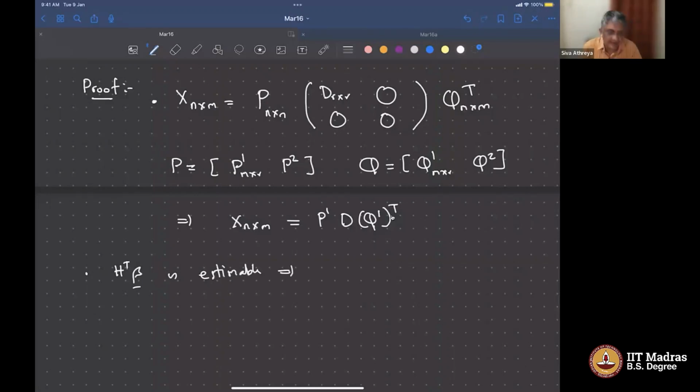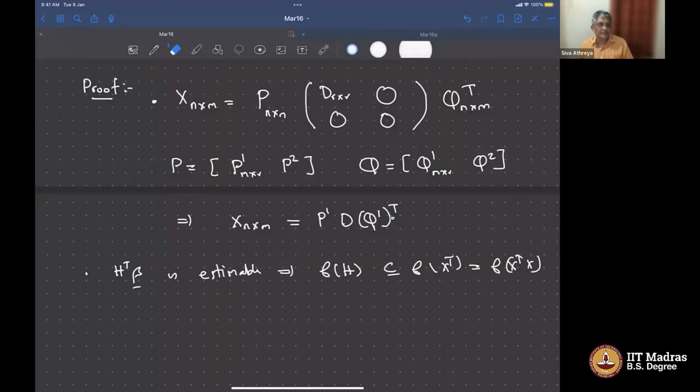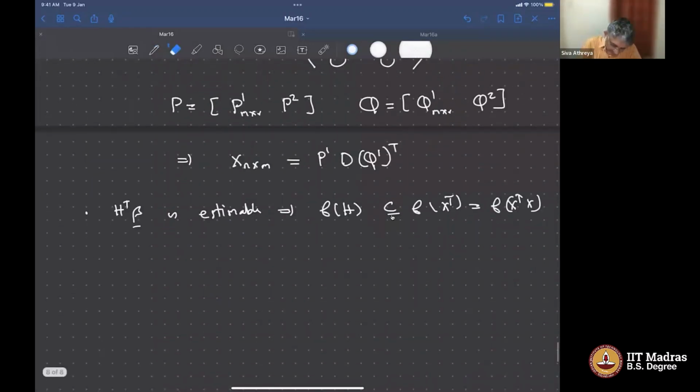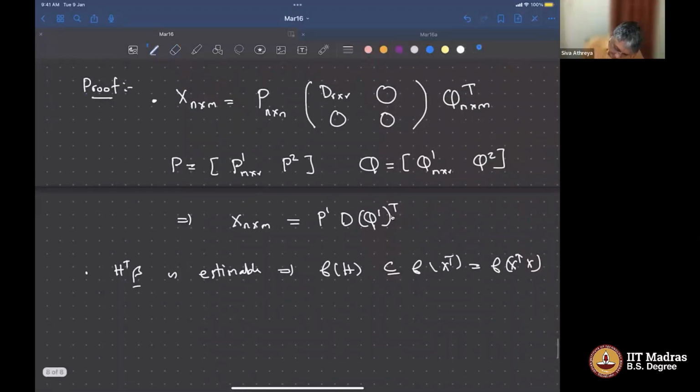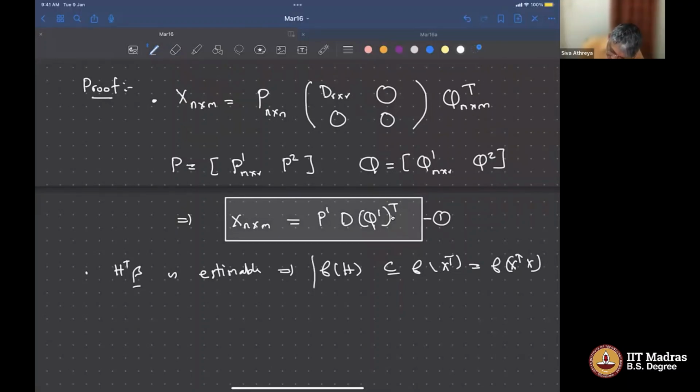And that implies, as we have already seen, that the column space of H is contained in the column space of X transpose, which is the same as the column space of X transpose X. There are two facts we have in mind. Let's call the first fact 1 and the second fact 2.